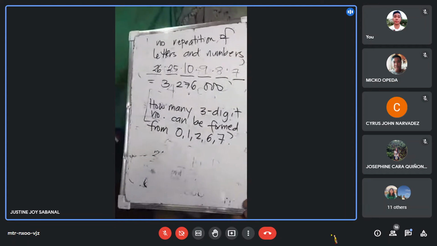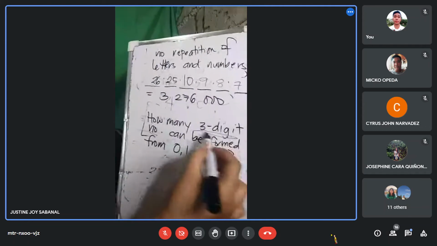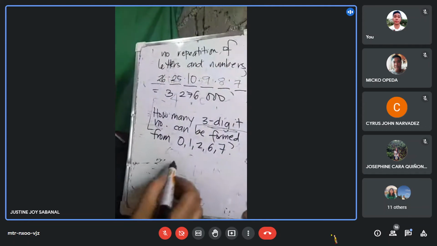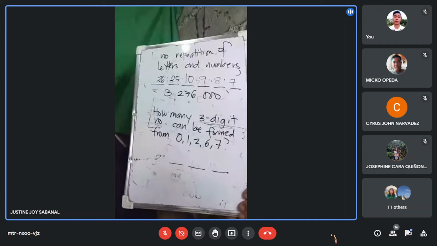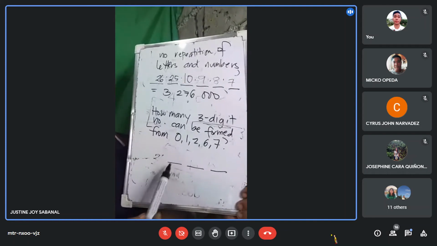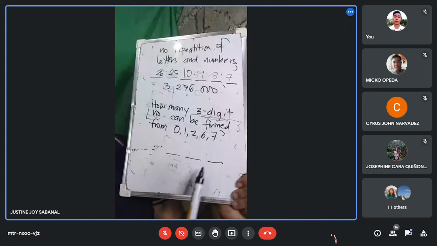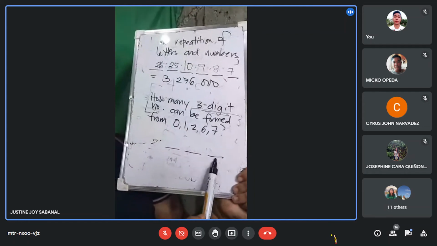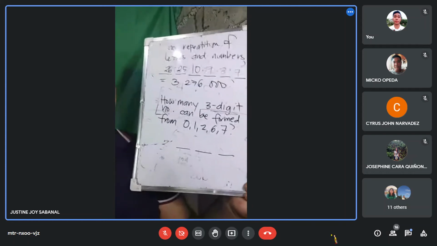So, consider natin. Create lang tayo ng 3 lines kasi 3-digit number yung kailangan nating ma-create. So, ones, tens, and hundreds place yung meron.